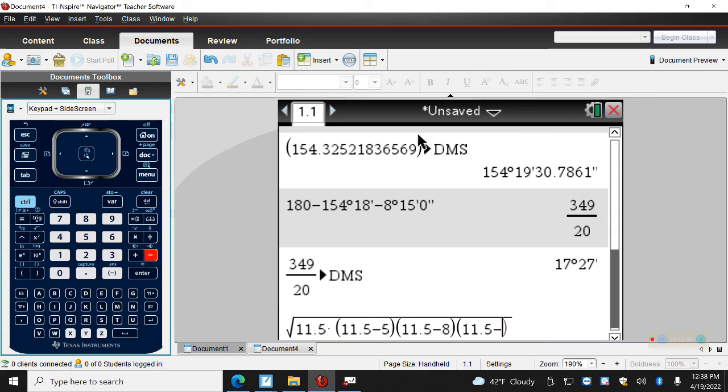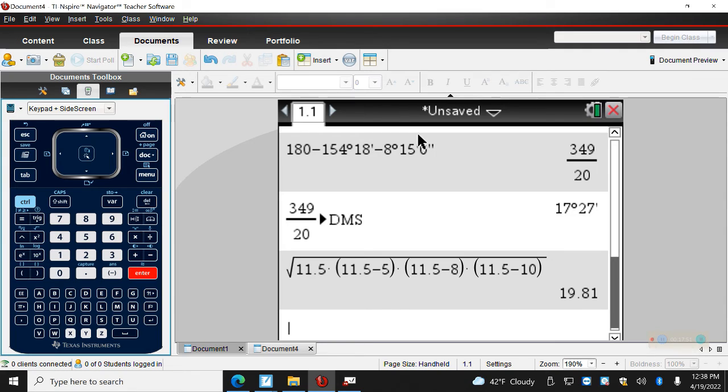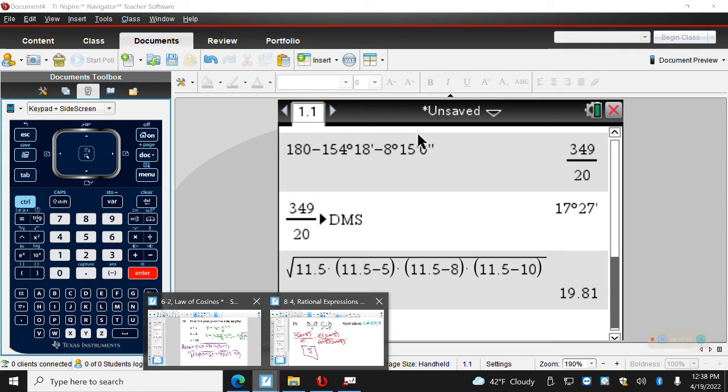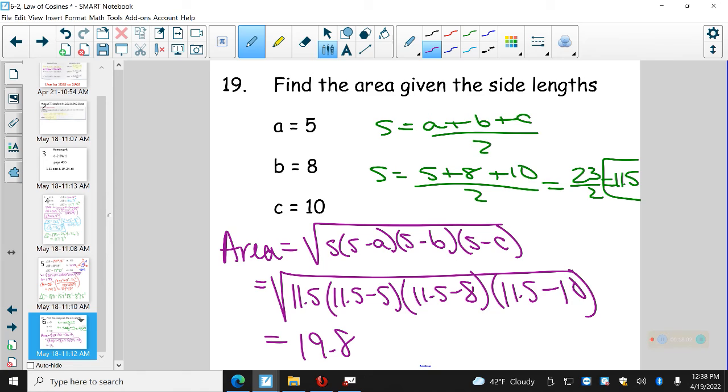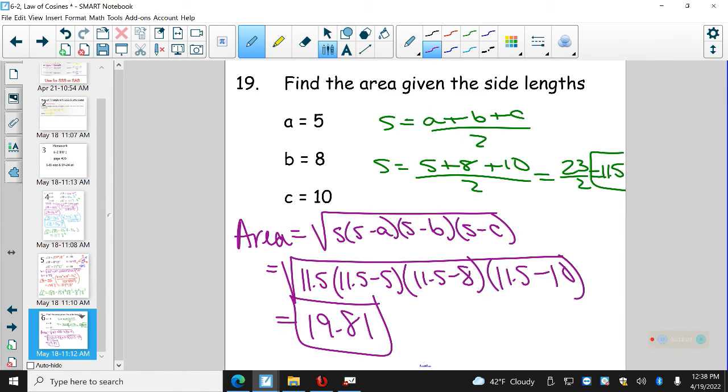Was it 10? Yeah. And close. Now, did I get all of them correct in there before I hit enter? I believe so. So your area is going to be 19.81. And that's done then. Does that make sense?